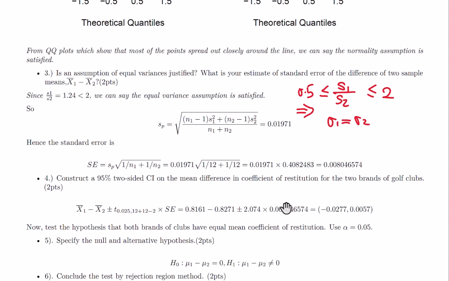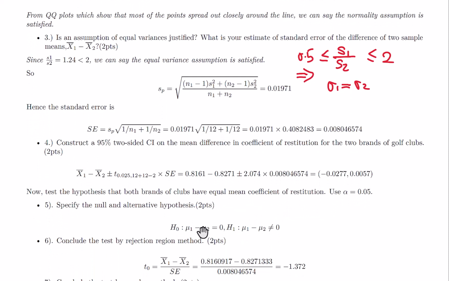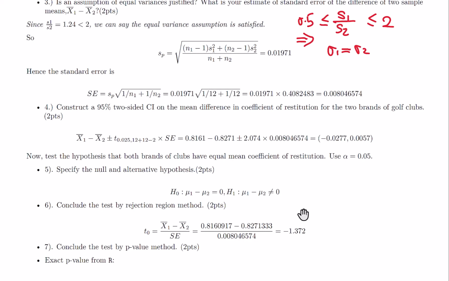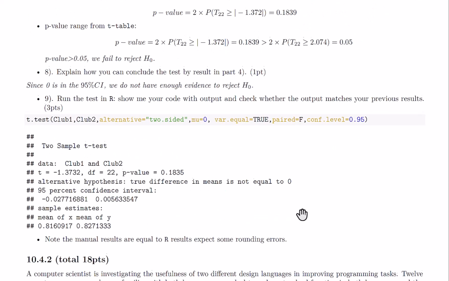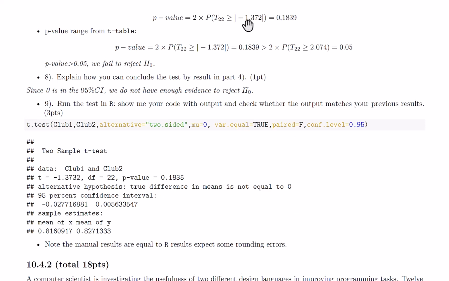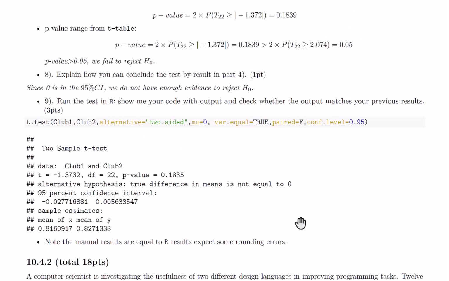And then for the test, you see the null hypothesis and alternative, and then the t-statistic. We have to use SE also right here, this number. For the p-value method, because we observed this test statistic, that's how the p-value is defined.